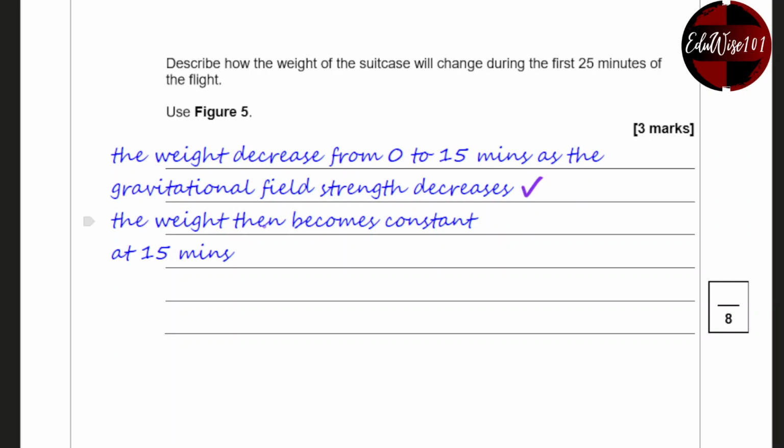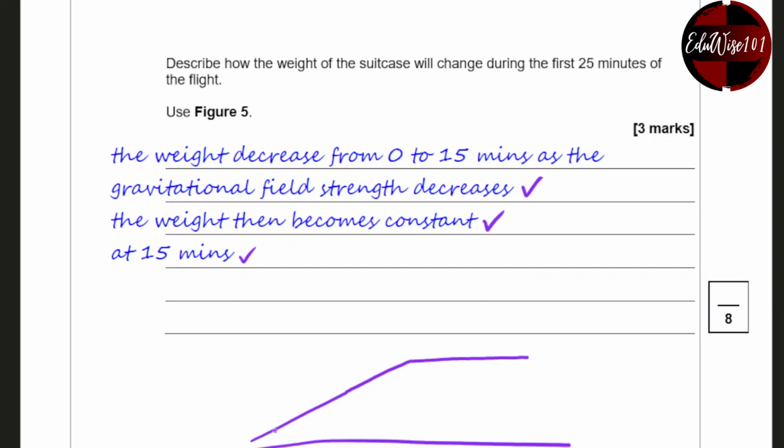2nd mark, the weight then becomes constant at 15 minutes. To say that the weight becomes constant is 1 mark. At 15 minutes, or after 15 minutes, is your 3rd mark. The reason that this happens is because the airplane takes off and then flies at a constant height.